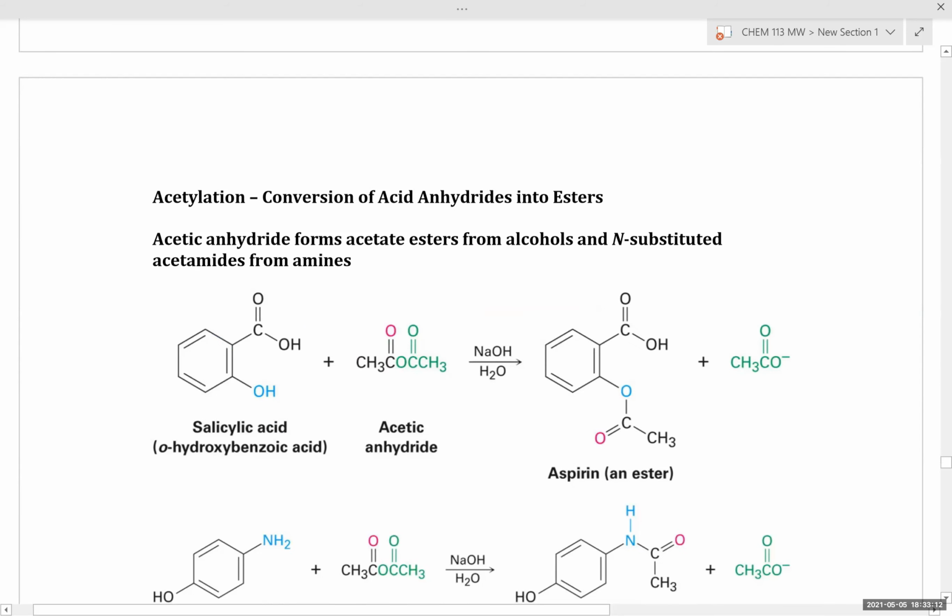Okay, so let's keep going then, and let's talk about the first major reaction of anhydrides, which is the reaction with alcohols to generate esters. So a common anhydride used in reactions known as acetylation is acetic anhydride. So acetic anhydride can form esters from the corresponding alcohols and can form amides from the corresponding amines.